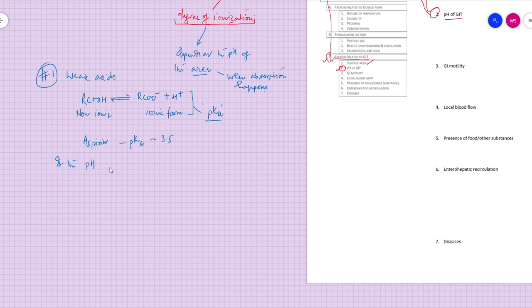Let's talk about the pH because we're talking about the pH. Let's put that first. If the pH is less than pKa, then the equilibrium would be shifted to the left.